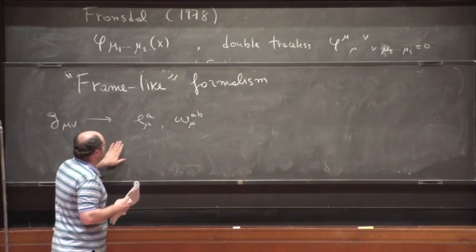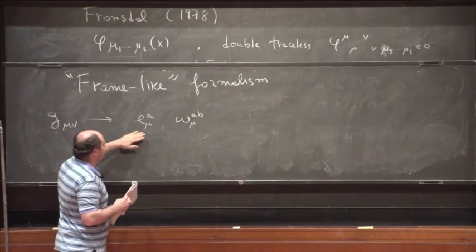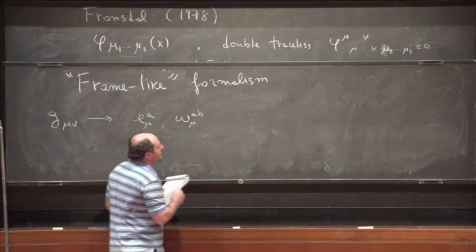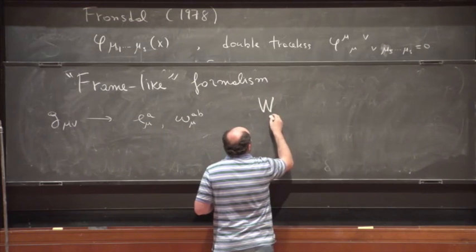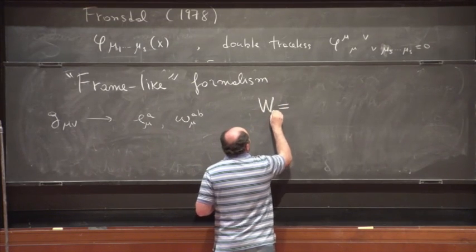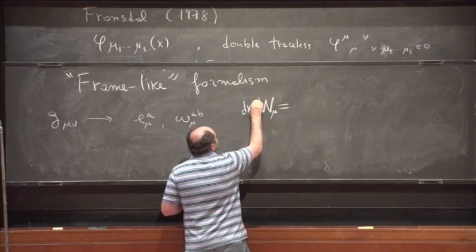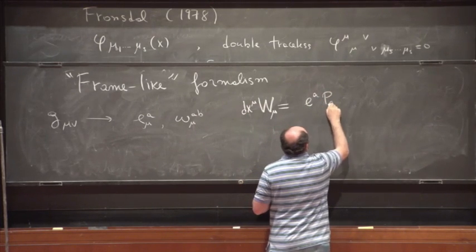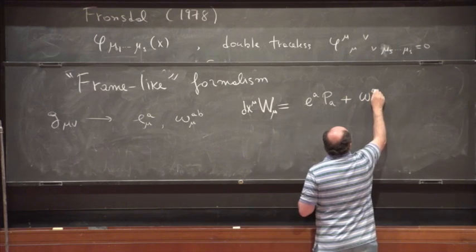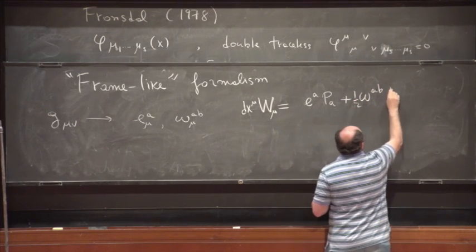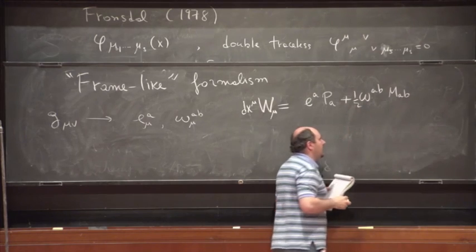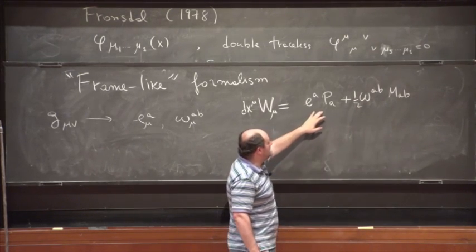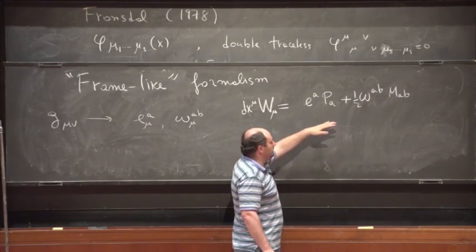And then it's natural to combine this vielbein and spin connection into a single one form, which I'll denote as W. Here, M_AB are the generators of the local Lorentz rotations, and P_A are the generators of the translations.